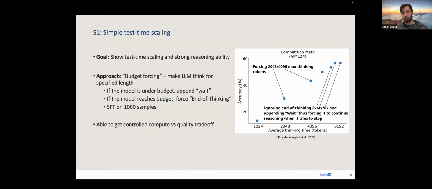And by forcing the model to reason longer, this gets it to have more accurate outputs. On the other hand, if they want a lower amount of computation at inference time, they can just put an end of reasoning delimiter and force the model to end its thinking. Despite the simplicity of this approach, it is able to show test time scaling between computation and accuracy, which was the main goal of this paper.